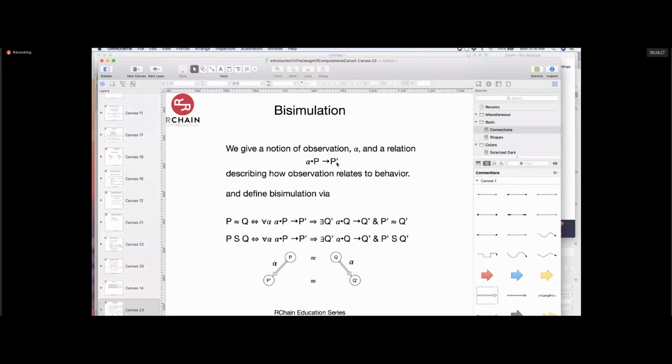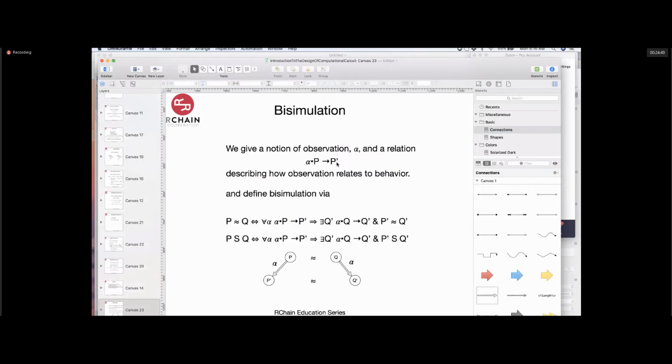That's the whole point of how the lambda calculus works: when you apply an abstraction to a value, and in this case a value could be any other computation, the system evolves via beta reduction.